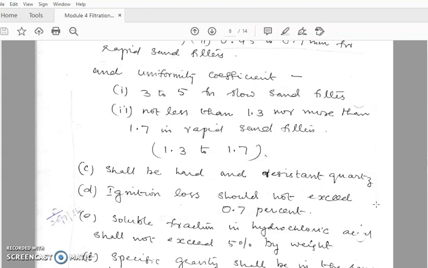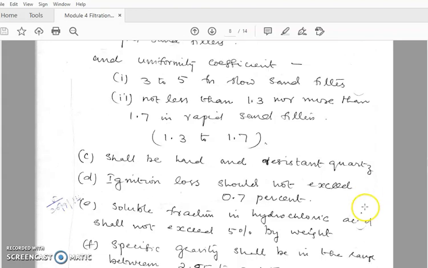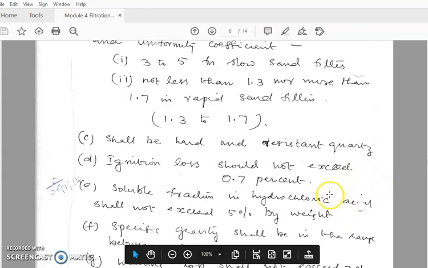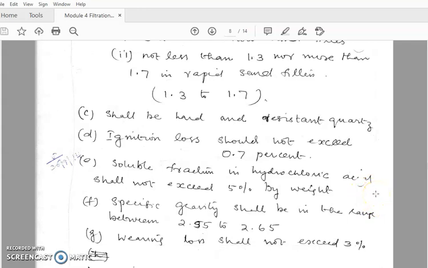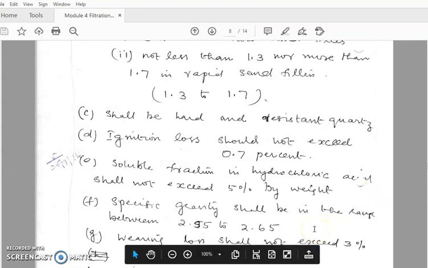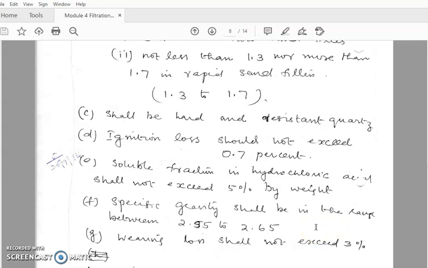That means it should not dissolve in hydrochloric acid. Then the specific gravity shall be in the range between 2.55 and 2.65. We know the specific gravity of discrete particles is 2.65, and here a range between 2.55 and 2.65 is given.